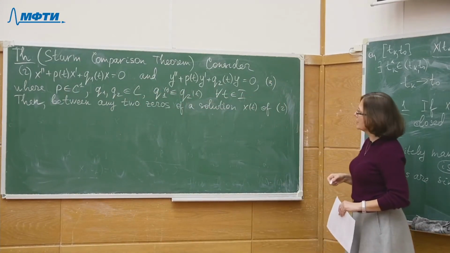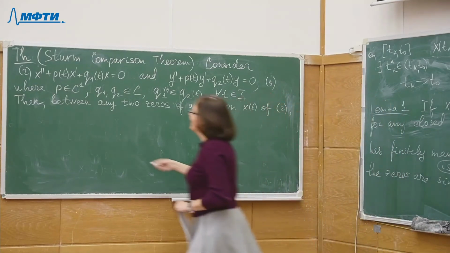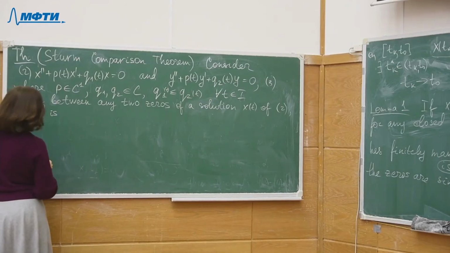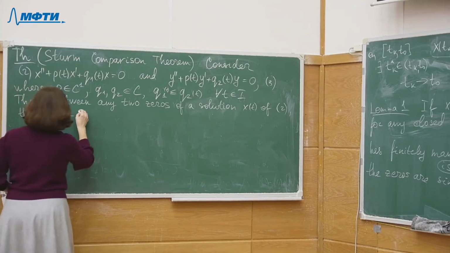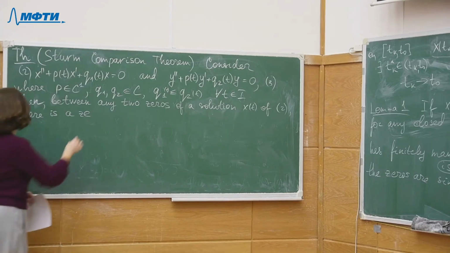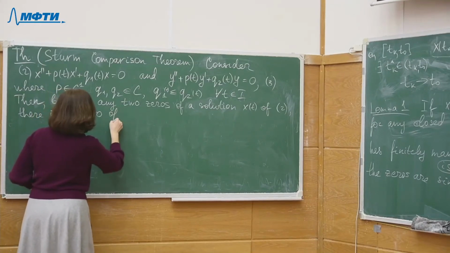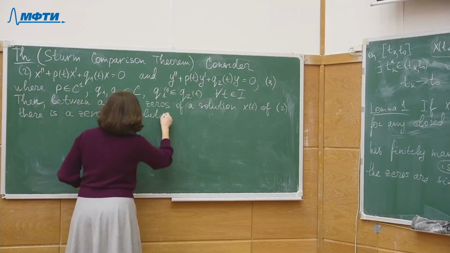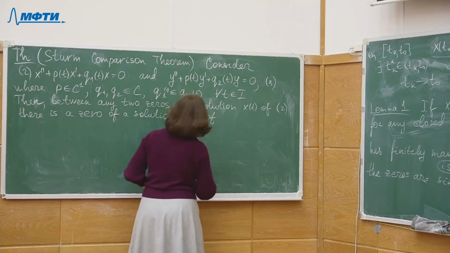Between any two zeros of a solution x of t of equation 1 or of equation 2, there is at least one zero of y of t of equation 3.